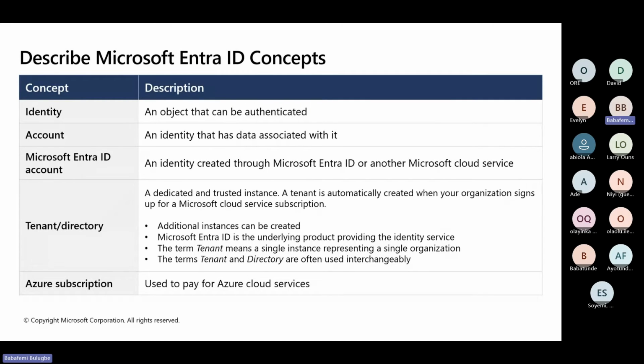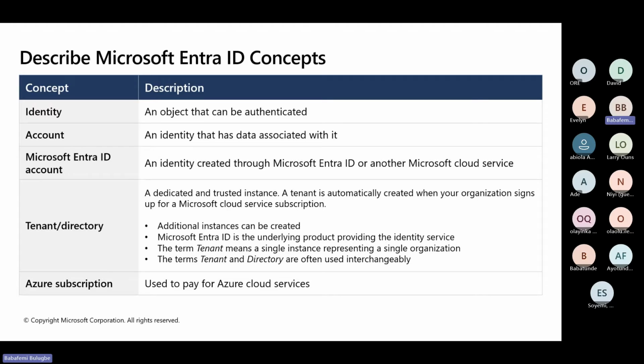Now let's start by talking about these terminologies, these concepts in Azure. The first one is what we call an identity. I explained that identity objects are users, groups, and applications. So an identity is an object that can be used for authentication. That means this identity, you can use it to access an application, access an environment.